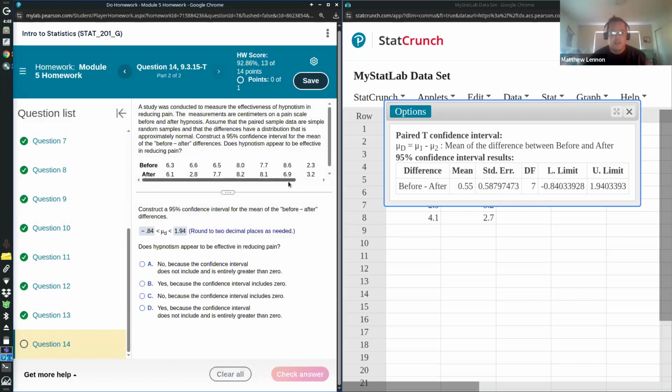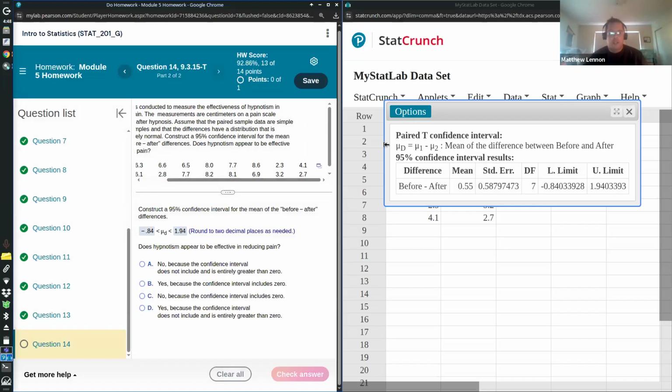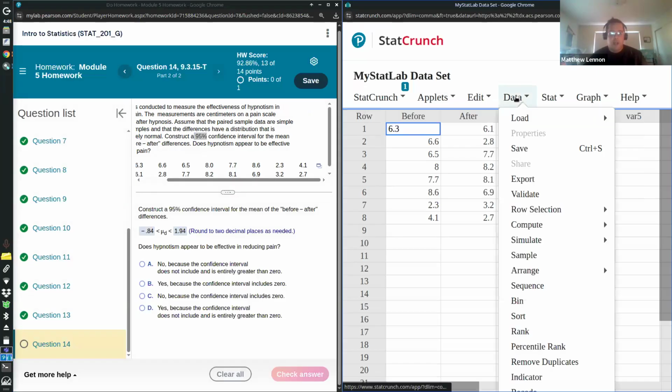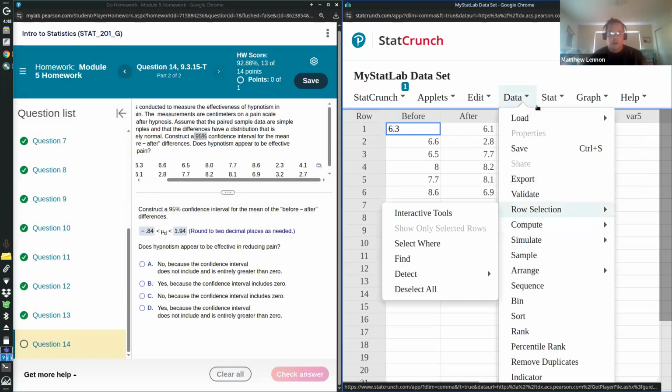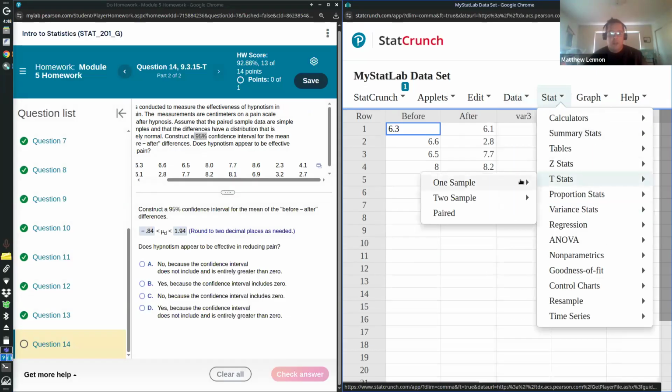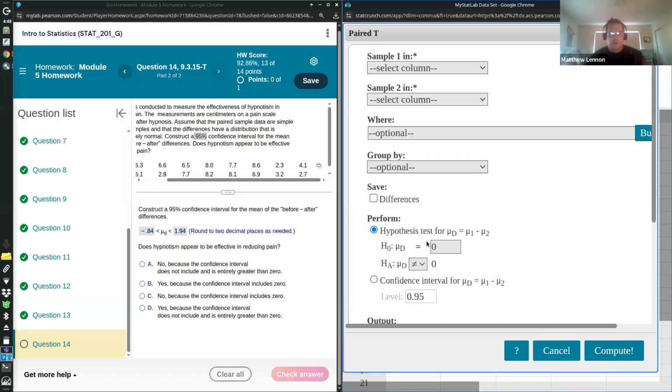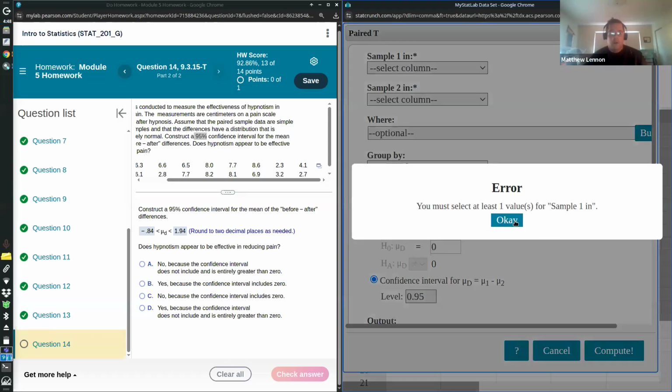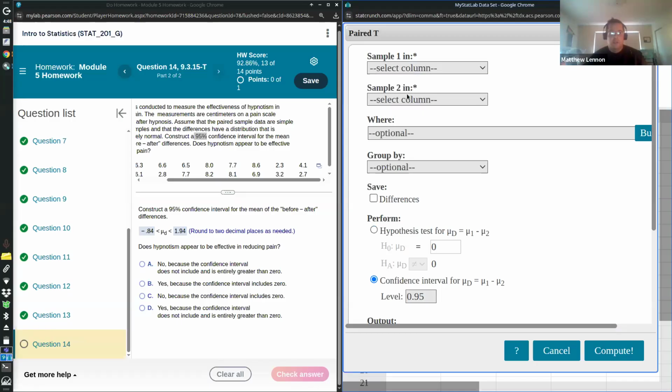Well, it's got to be syntax because mine did. So you opened it and then you did a confidence interval. Yours says 95% specifically. So let's go through the steps. You open it, you do stat, t-stat, paired. We do confidence interval. Does yours say 95%? Okay, compute. I forgot to do my columns. Did you do your columns backwards possibly?